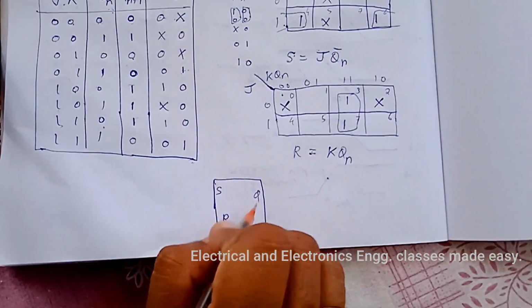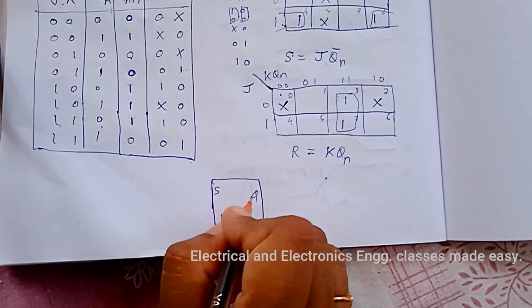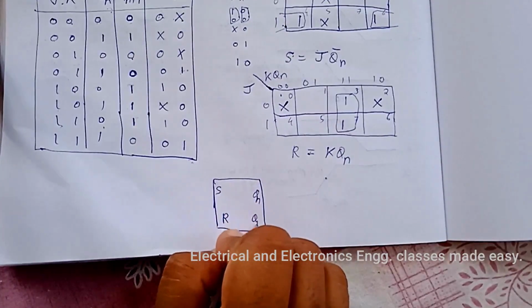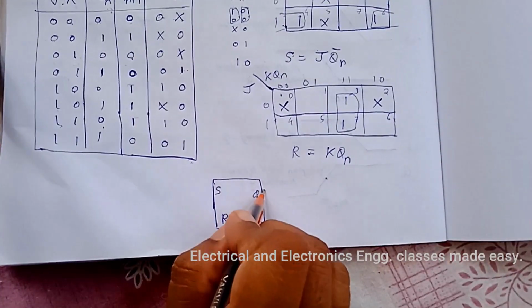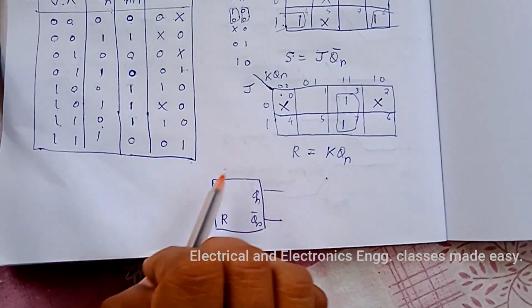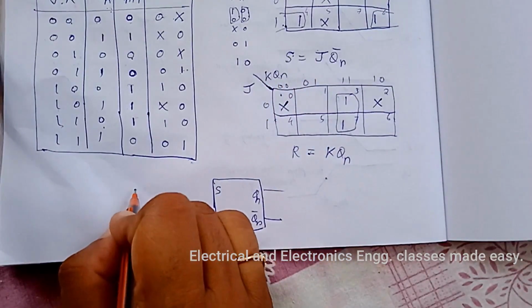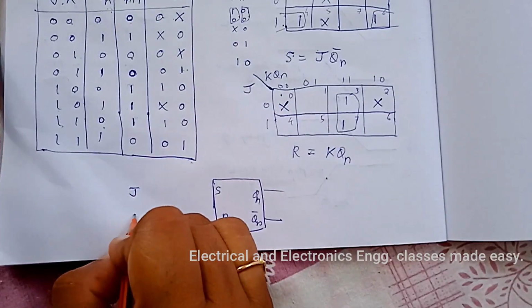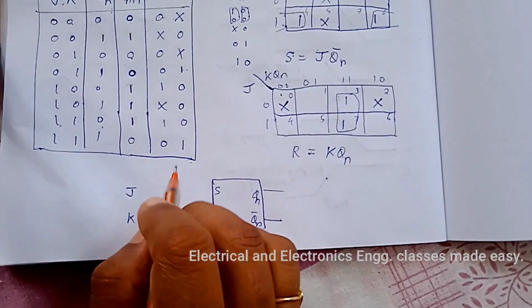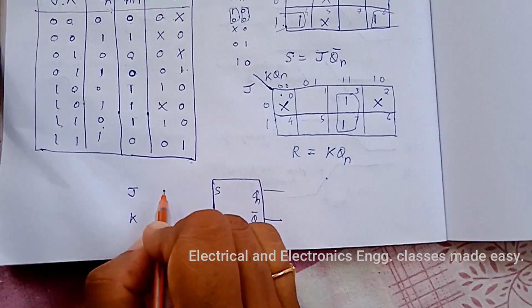So this is Qn, then Qn bar. So the input to S is J into Qn bar. So there will be inputs J and K, J into Qn bar.